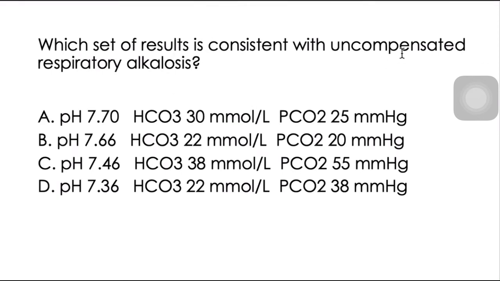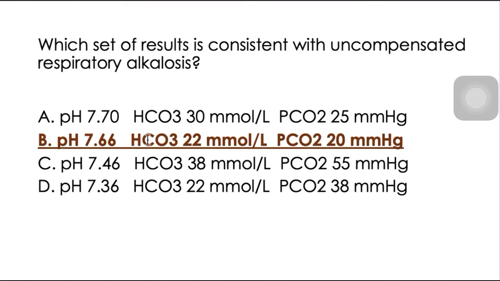Pero kapag uncompensated po yun, kailangan normal lang si bicarbonate dito. So in that case, the normal bicarbonate ranges from 22 to 26. Tama? So the answer here is letter B. Okay? Nakuha po ba yun?